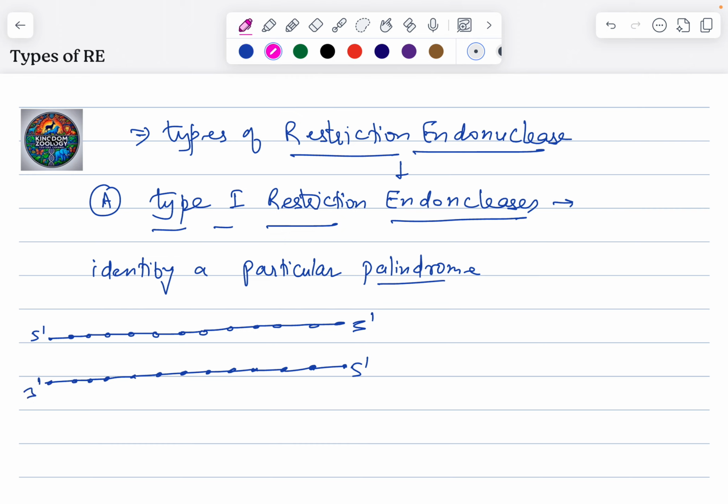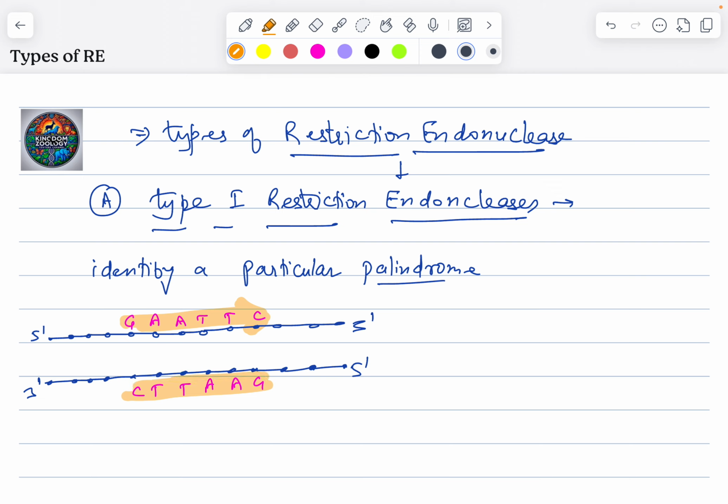So in this DNA sequence, let's say there is a small area with this particular sequence. So when you look at the reading frame, it's GAATTC from 5' end to the 3' end in this direction, and it's same GAATTC from 5' to 3' direction in the other strand also. So such DNA sequences are called palindromes.